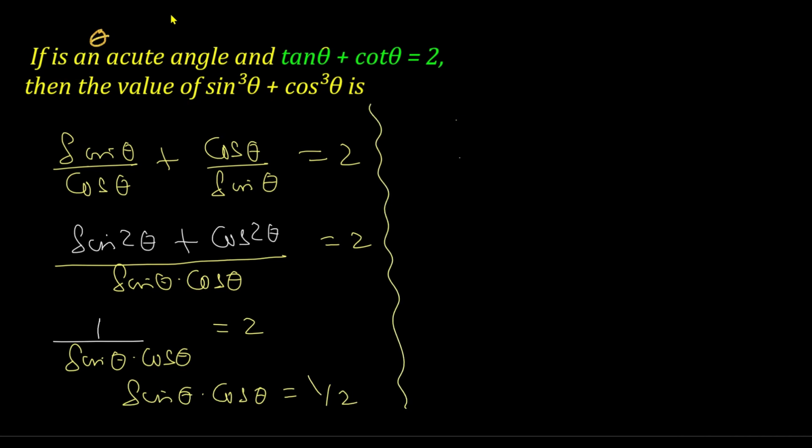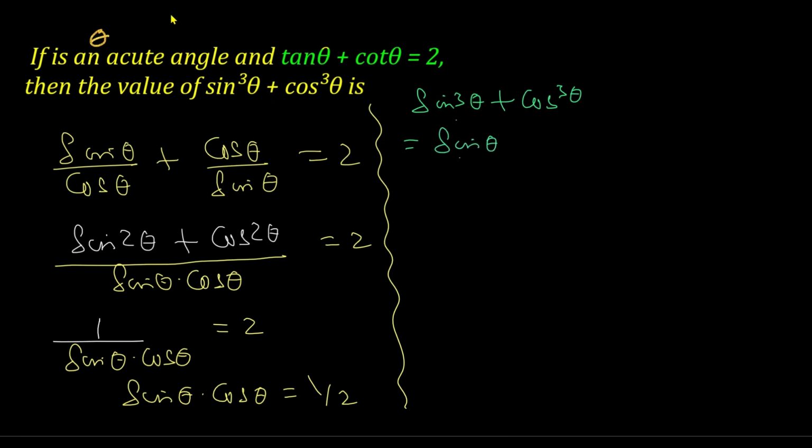So this is the information we have obtained in terms of sine cos, but what we have to get is sine cube plus cos cube. So if I do the expansion of sine cube theta plus cos cube theta, what is the identity of a cube plus b cube?